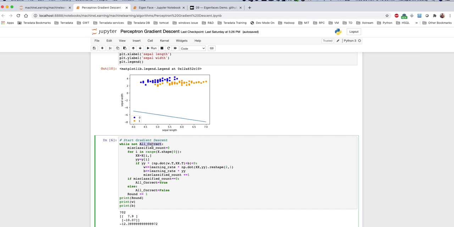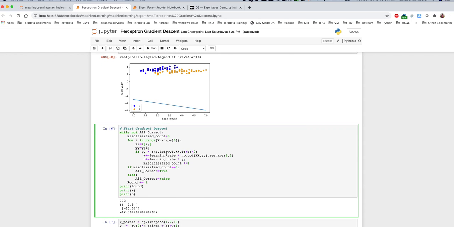Until we get the correct model, we iterate over each and every data point, checking whether it is correctly classified by this model. If not, it will give a negative value. When it gives a negative value, we take the learning rate, apply the dot product of x and y, and add it to the model.